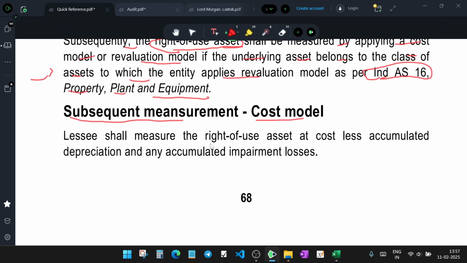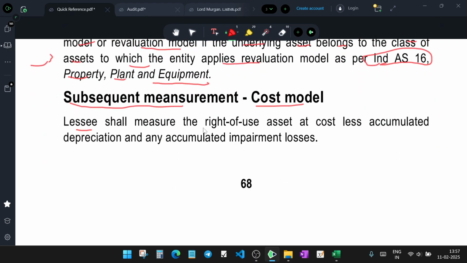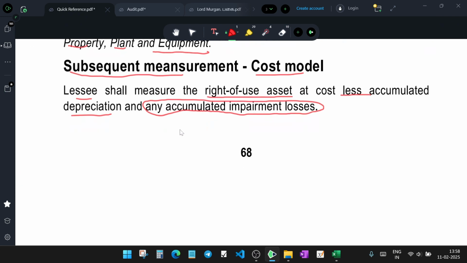Subsequent measurement, cost model. What is subsequent measurement? A lessee shall measure a right-of-use asset at cost less accumulated depreciation and any accumulated impairment loss. So usually in the cost model, right of use is cost less depreciation.